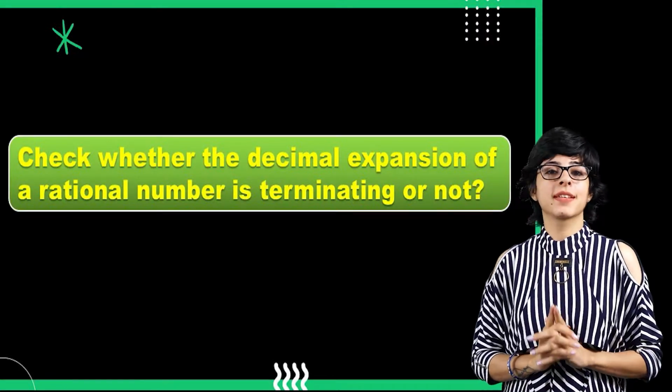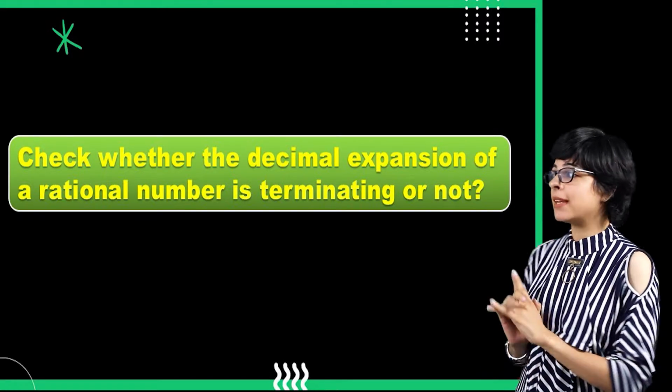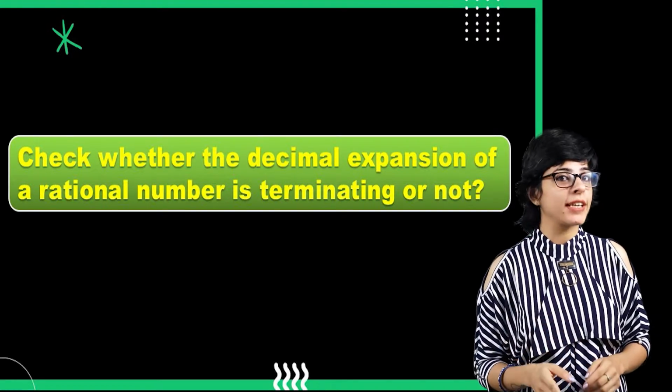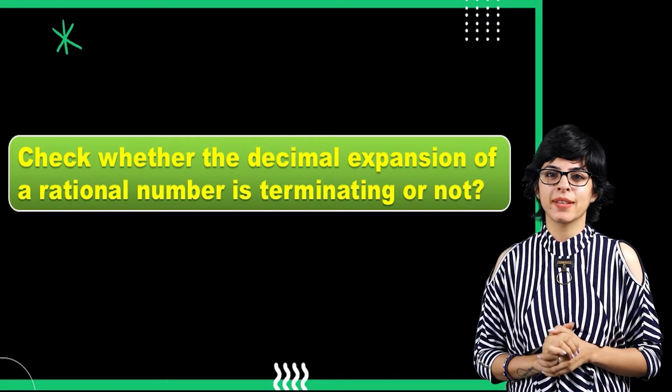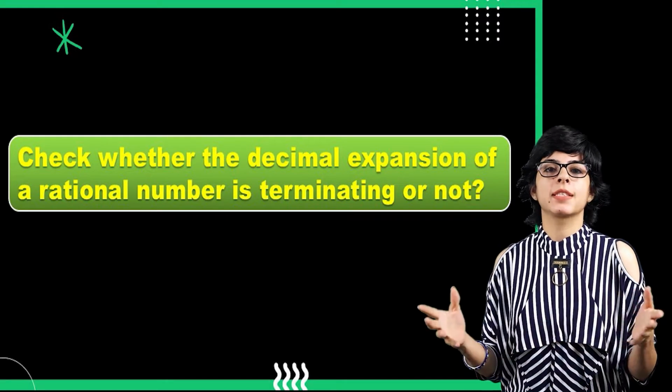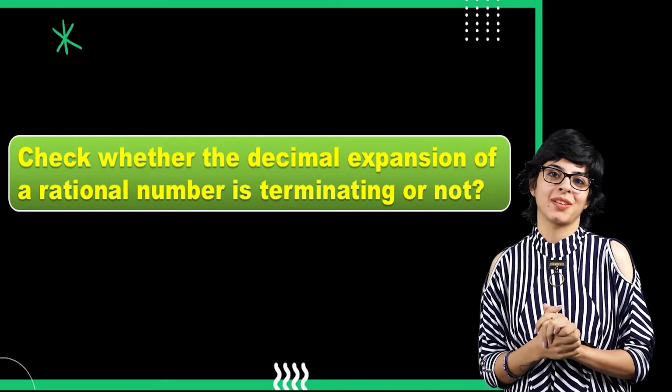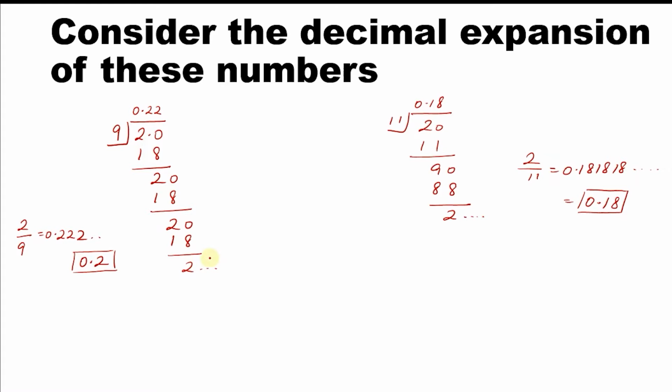Now what we are going to discuss next is whether the decimal expansion of any number is terminating or not. Before we go on to the result, let's consider a few examples and see what a terminating expansion is and what a non-terminating one is. Let us consider the decimal expansion of these numbers. We are dividing 5.0 by 8. The answer is 0.625, and when I come down, I see that the remainder is 0 here. What is meant by the remainder being 0?